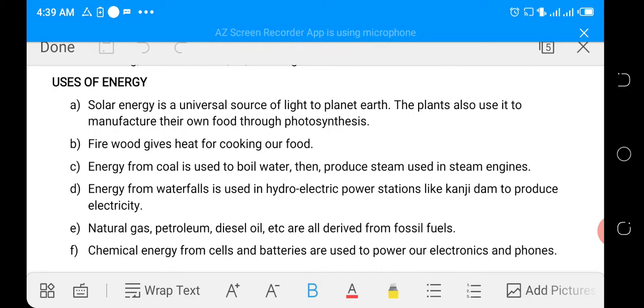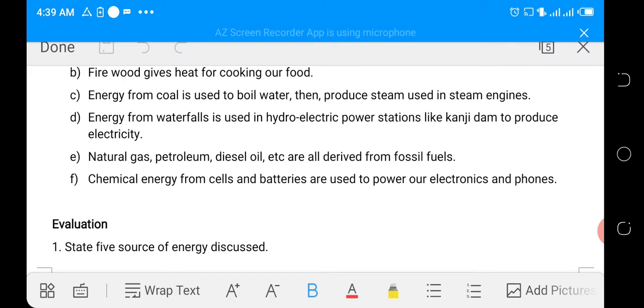Energy from waterfalls is used in hydroelectric power stations like Kainji Dam to produce electricity. 5. Natural gas, petroleum, diesel oil, etc. are all derived from fossil fuel. 6. Chemical energy from cells and batteries is used to power our electronics and phones.